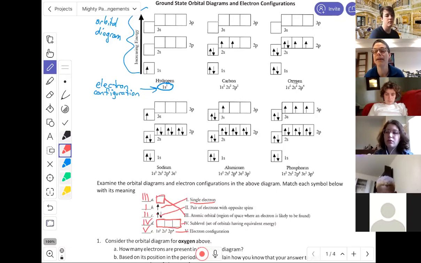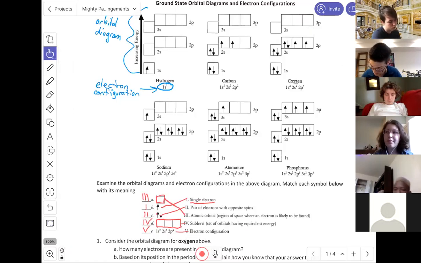But how do I know how many electrons I need to put in my electron configuration? Don't you take the atomic number and subtract it from the charge? We are eventually next week going to talk about charges, but right now we're talking about plain Jane, neutral elements. So it is just their atomic number that we're going to be dealing with.